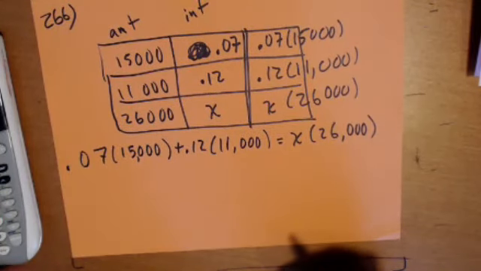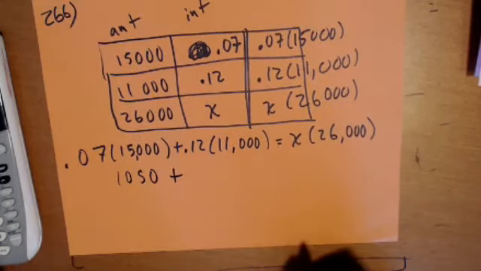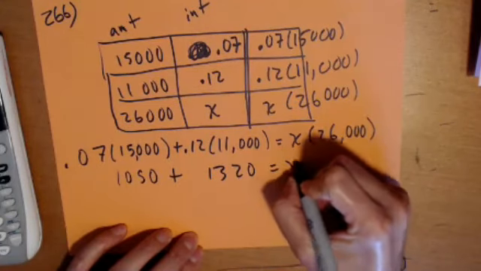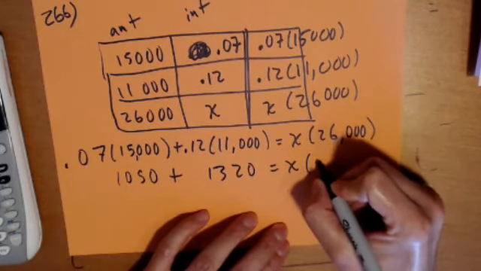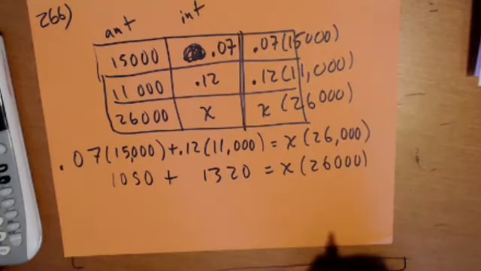0.07 times 15, 1, 2, 3 zeros, is 1050 plus 0.12 times 11, 3 zeros, is 1320 is equal to x times 26,000. Add these two together, plus 1050.